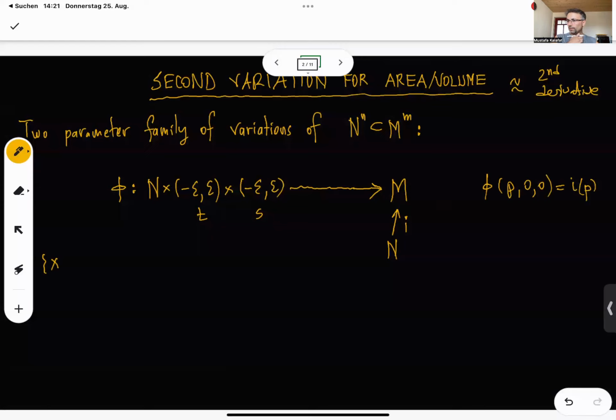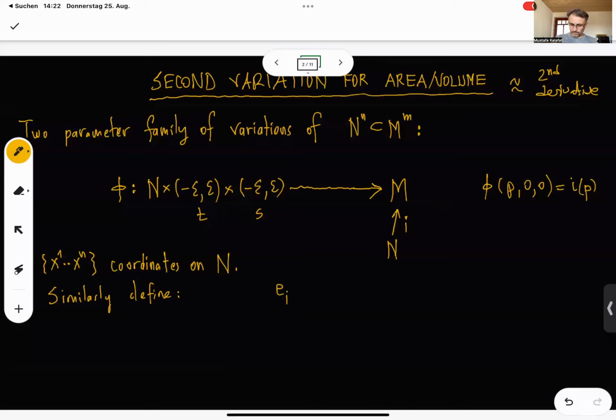And you have x1 till xn coordinates on N, and similarly we're going to define the variational vector fields and standard coordinate vector fields.